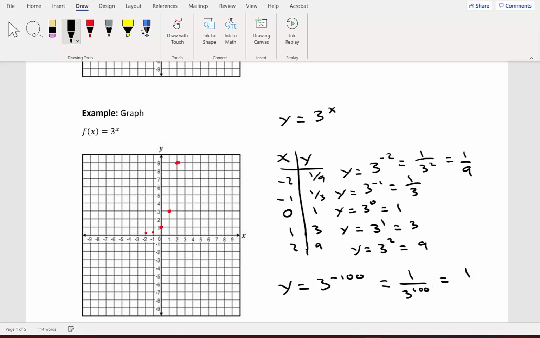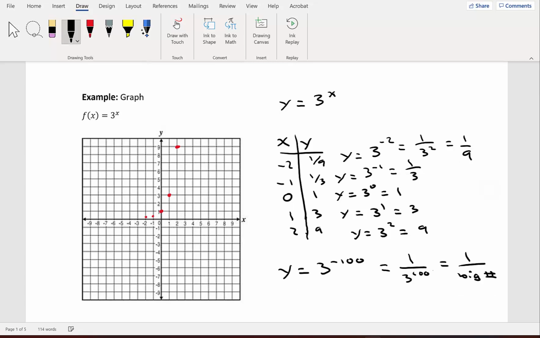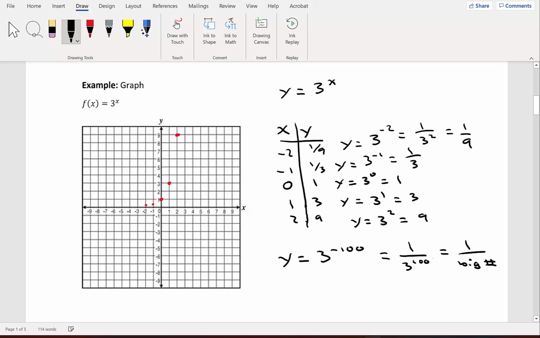So 3 raised to the 100th power, this is a really large number. We'd have 1 divided by a big number, but 1 divided by some big number, it's still not going to be equal to 0. It'll get really, really close to 0, but it will not be equal to 0. No matter what you plug in for your x, your y will never be 0.